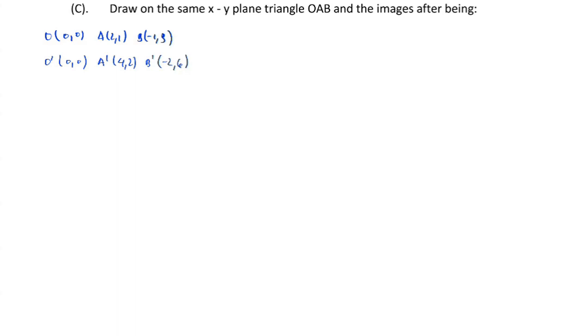And for the translated part, points for O double dash equals negative 3, negative 5. For A double dash, our points are 1, negative 3. And for B double dash, our points are negative 5, 1.